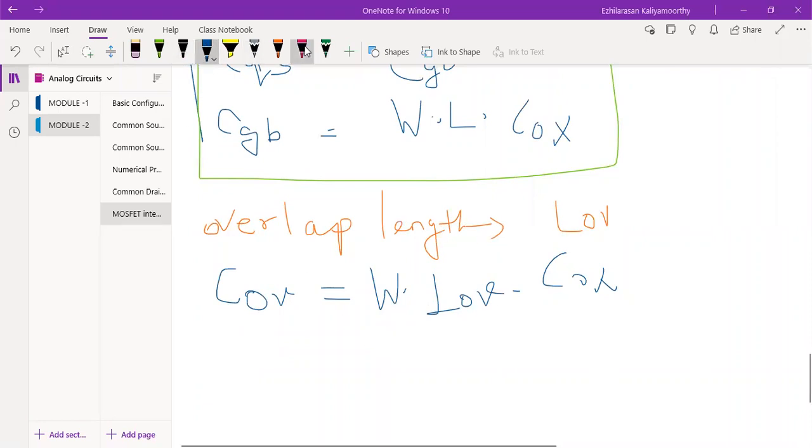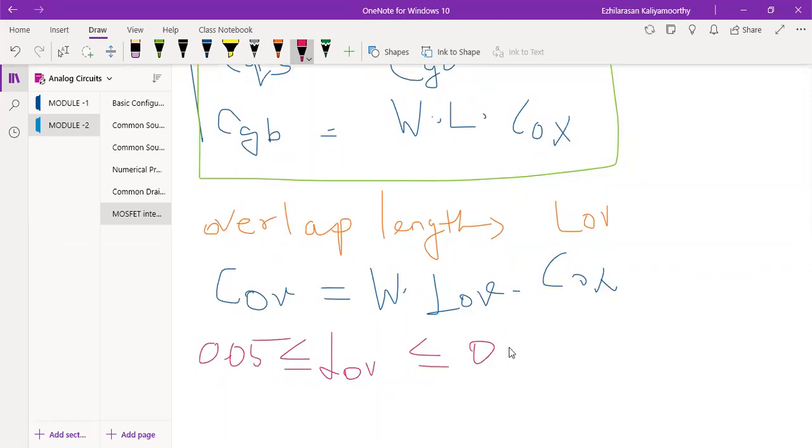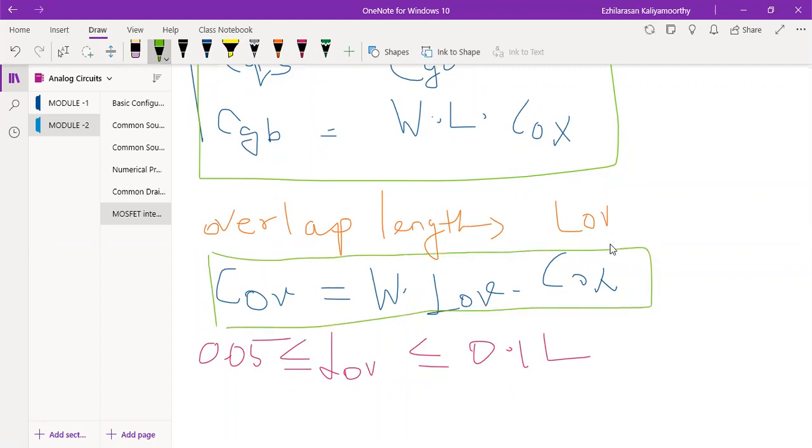Typically the overlap length LOV ranges from 0.05 to 0.1 L. So this is the typical value of LOV. This will be one of the important formulas for overlap length.